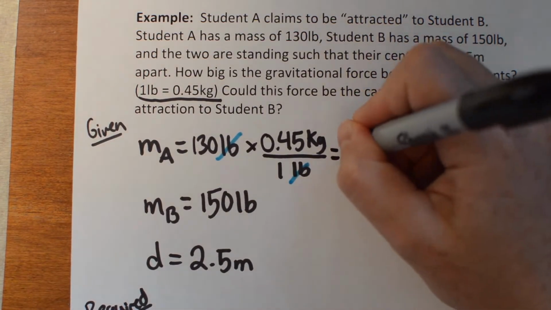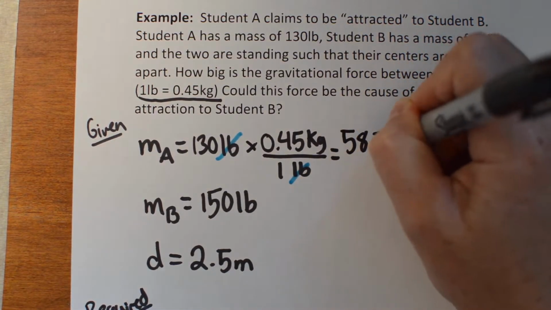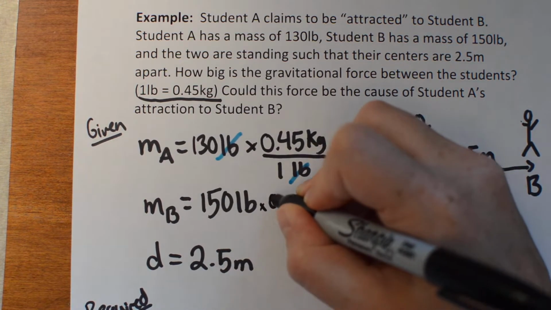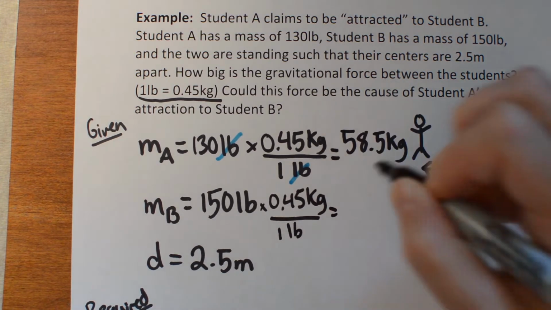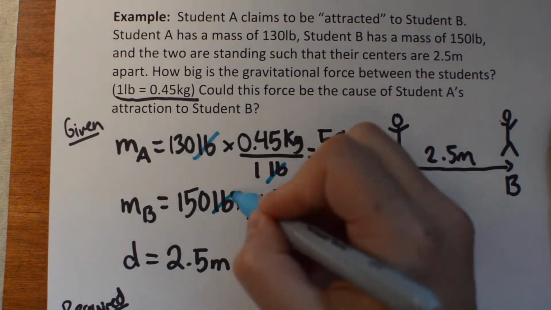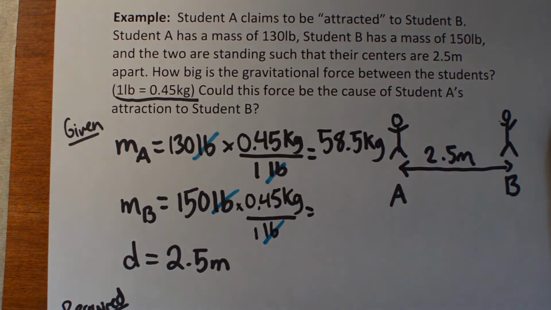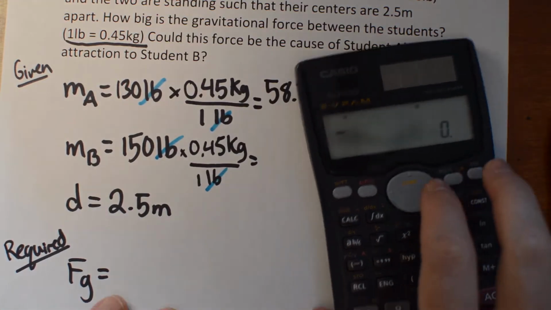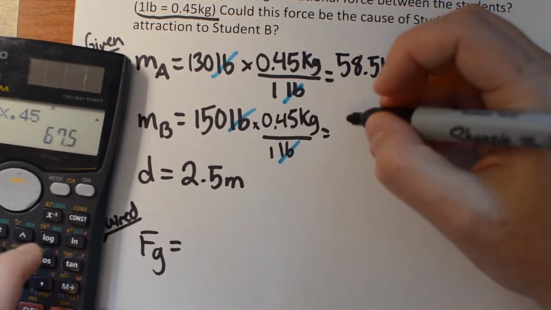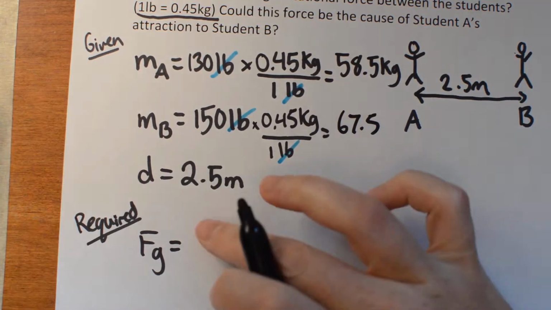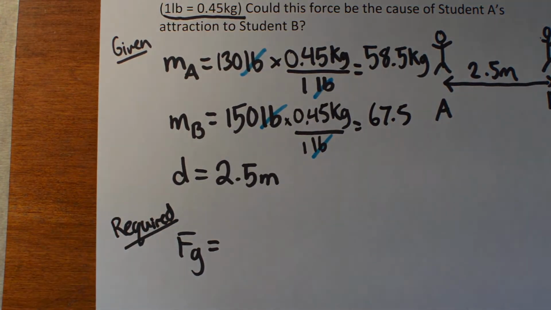So the mass of student A is 58.5 kilograms. Same idea with student B, 0.45 kilograms per 1 pound. My pounds cancel out here, and I get 150 times 0.45 is 67.5. And the distance is already in SI units, so it's good.